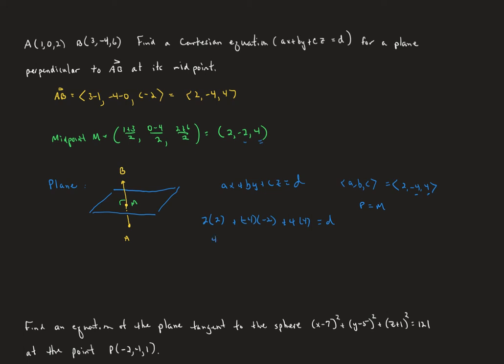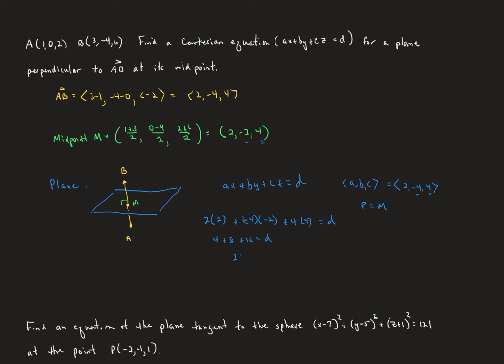So that's going to be 4 plus 8 plus 16 is going to be our d. That looks like 28. So our plane is going to be 2x minus 4y plus 4z, that's coming from our normal vector, equal to 28. Or alternatively, we could divide everything by 2 and make it look maybe a little nicer.